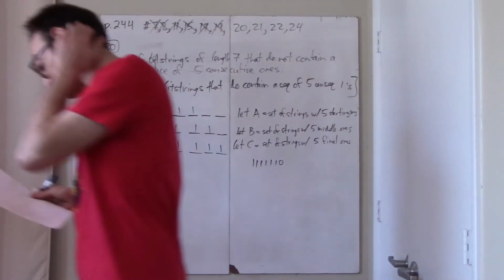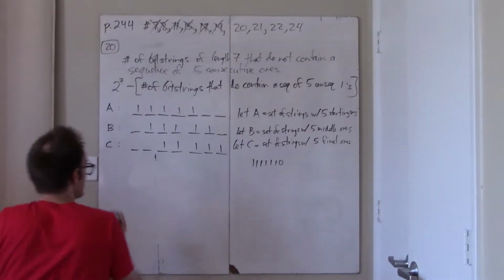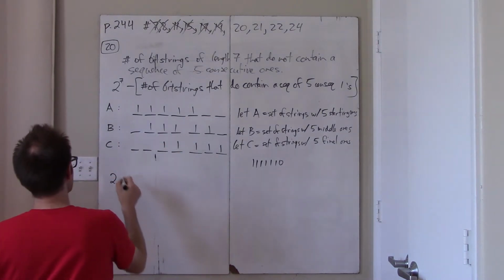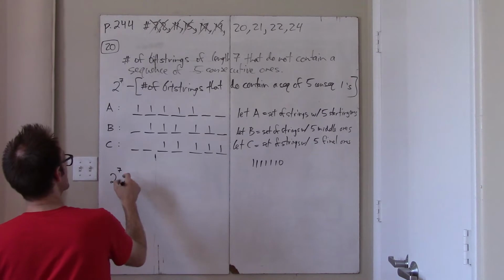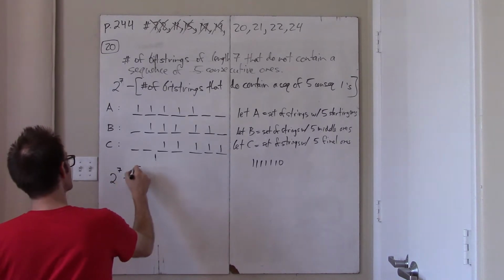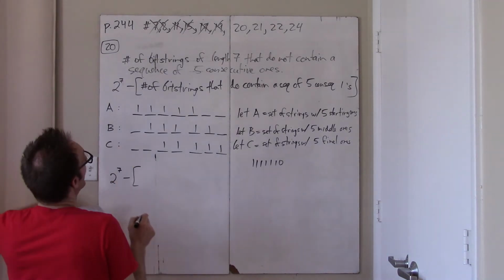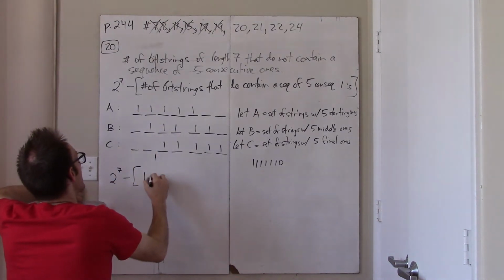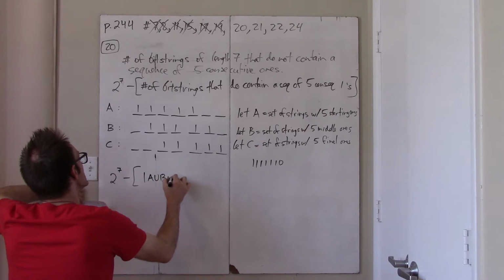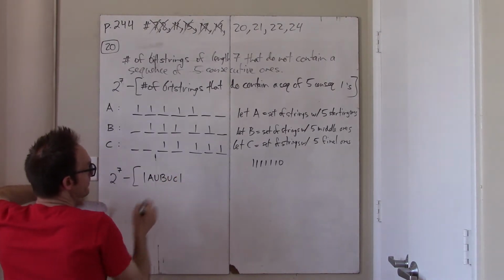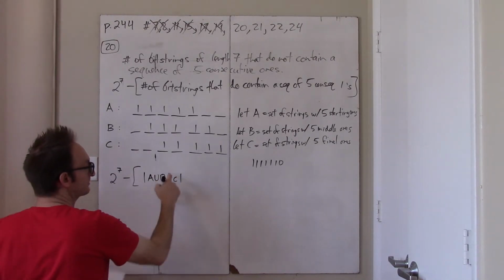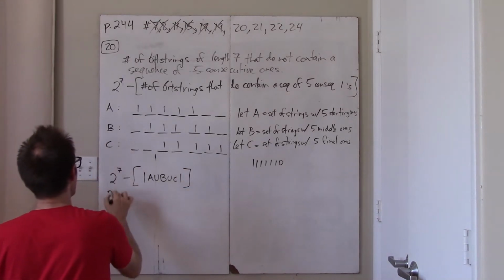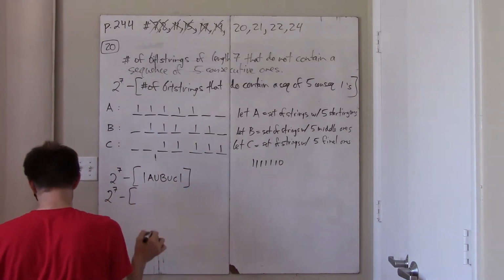All right, so how do we do this carefully? The answer is 2 to the 7th, the total number of strings, minus the number of strings which are in A or B or C. In other words, the size of A union B union C. Now I apply inclusion-exclusion to that.